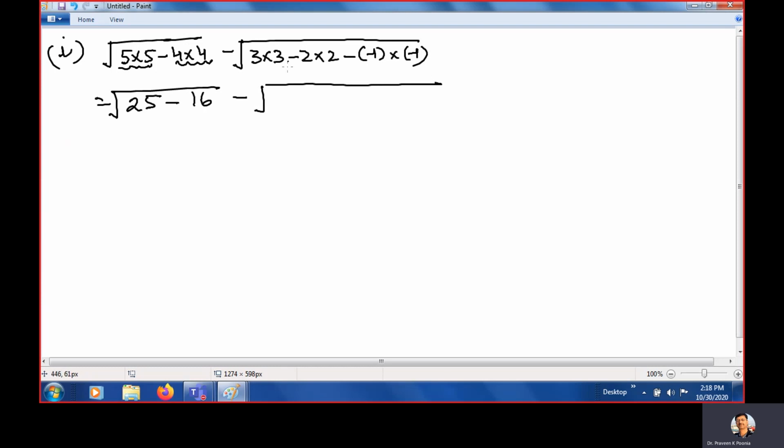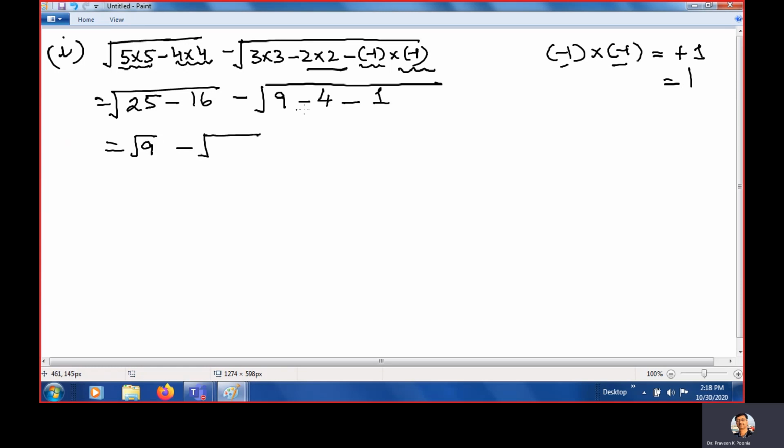Now 3 times 3 is 9, 2 times 2 is 4. And look here, minus 1 times minus 1: minus minus is plus, 1 times 1 is 1. So 25 minus 16 is 9, square root of 9 minus square root of 4. The square root of 9 is 3, the square root of 4 is 2, and 3 minus 2 is 1.